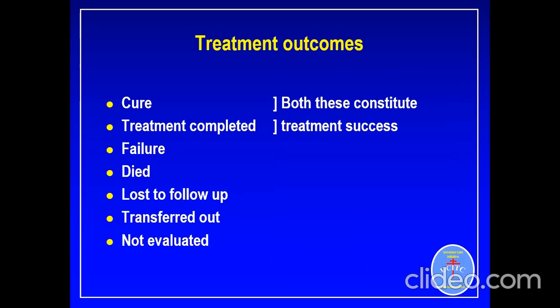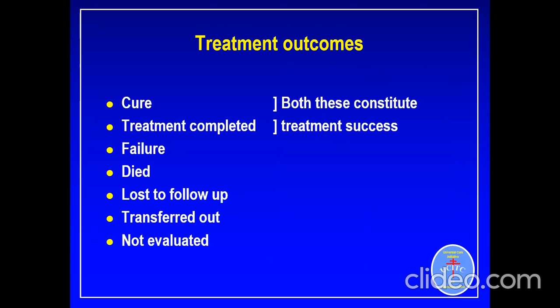And so lastly, what are the treatment outcomes? We have cure. A cure is a person who has been detected with a positive sputum, either by smear or by any other molecular diagnostic test, who at the end of 6 months or the end of adequate therapy has a sputum result which shows negative, either culture or smear, then he's labeled as cured.